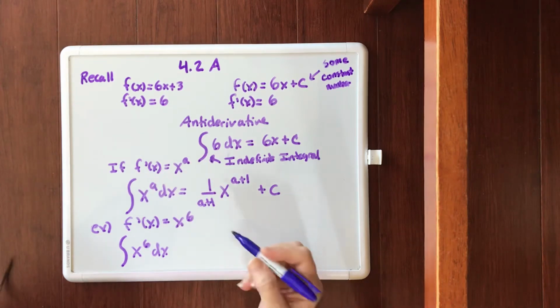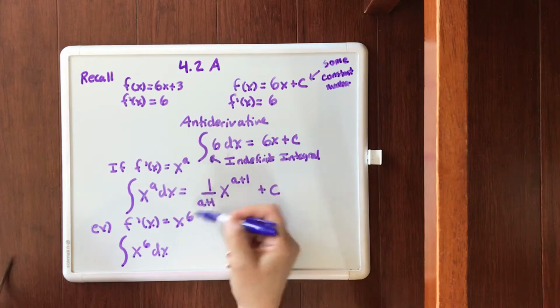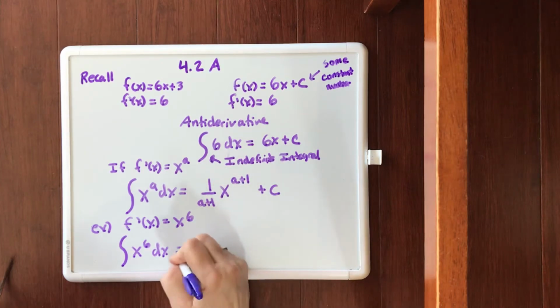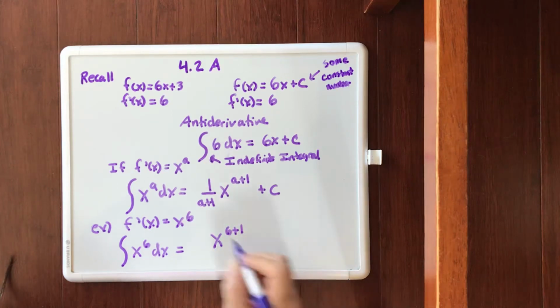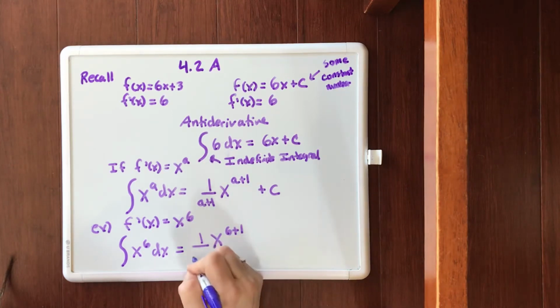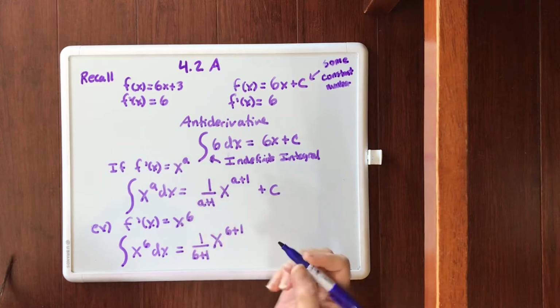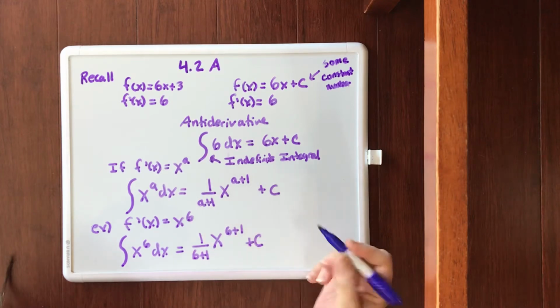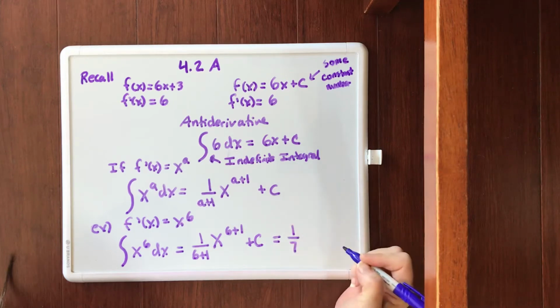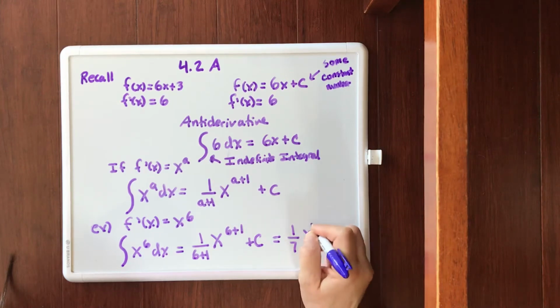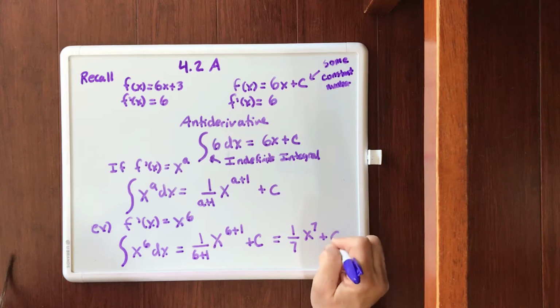Okay, so according to this formula, we're going to add 1 to the 6. So we have x to the 6 plus 1 times 1 over 6 plus 1 plus c. And we'll continue to finish that. So that's 1 over 7 times x to the 7 plus c.